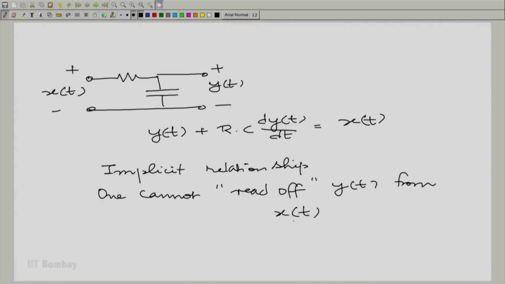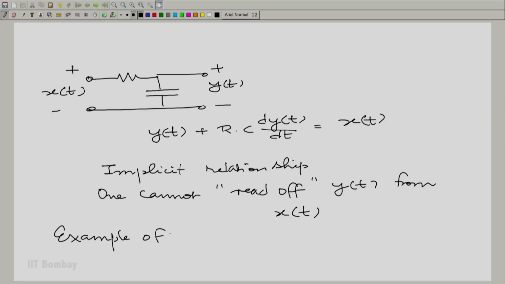What I mean by that is that I cannot explicitly say that y(t) can be calculated from the x(t)'s in the following way. I cannot put down a formula where y(t) is on one side of the equation and x(t), meaning x(t) at all times, is on the other. That's explicit.